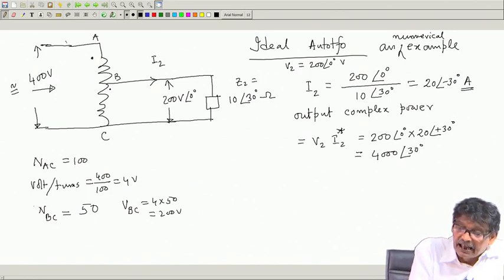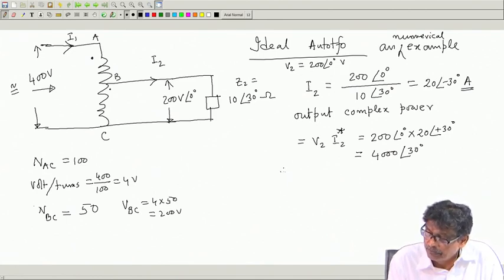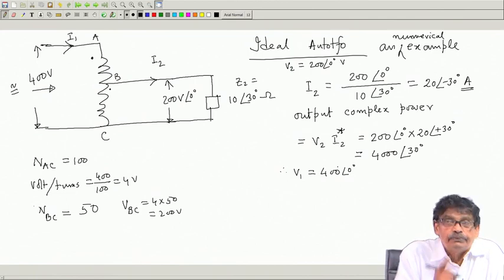Therefore, if I assume this current to be I 1, which is still now unknown, I will say, and mind you V 2 is this, therefore, V 1 is also known, 400 0 degree, but I do not know I 1.